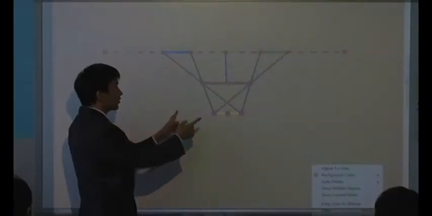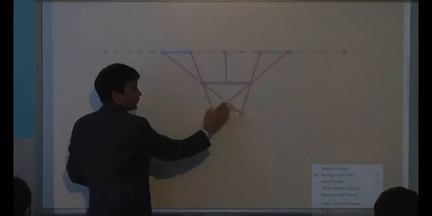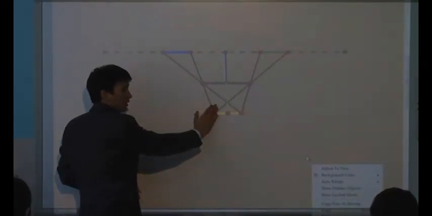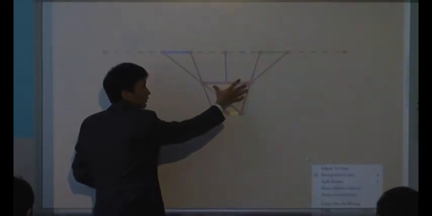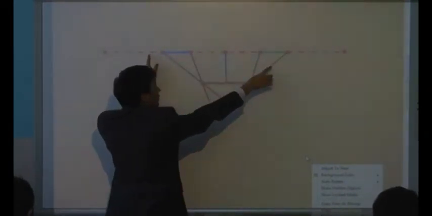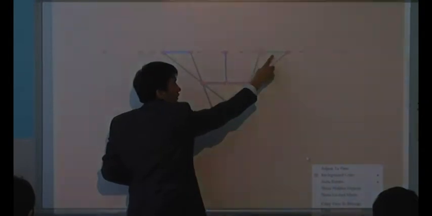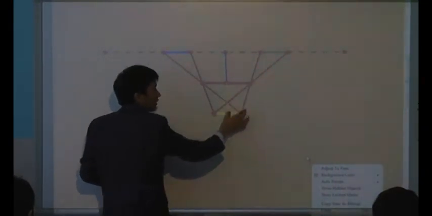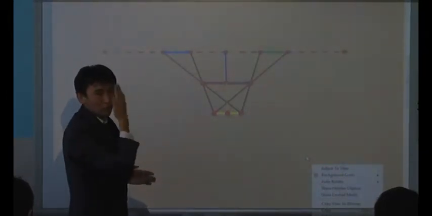As you see, here we have 2 eyes. This is an object. When we close the left eye and see with the right eye, we see this object. This part we don't see. We can see this green line. From this point to here, we don't see with the right eye when we close the left eye.